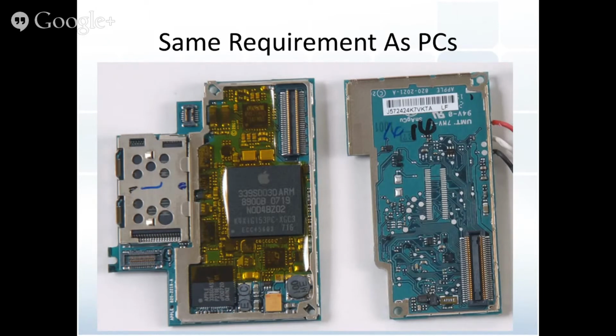This is the CPU, and there are memories all over the motherboard. Also, we have the battery, the power supply. The memories store our OS, like the iPhone OS, and we can store our images in the memory.